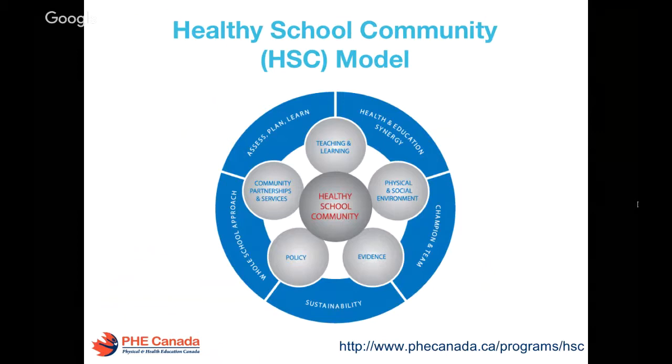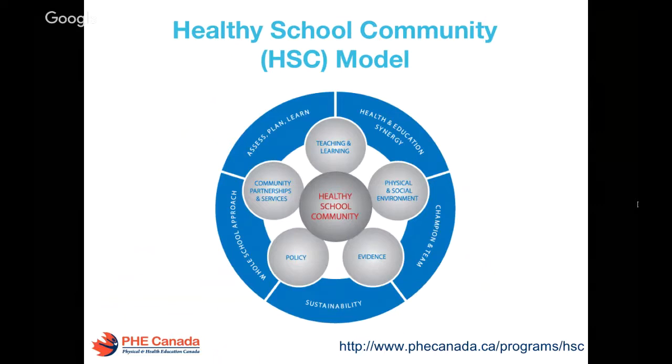So I put up a model for you to get a better sense of the characteristics of the model. In the outer circle, you'll see the essential principles of the healthy school communities model. And then you'll see in the inner circle, it mentions some of the core components being teaching and learning, their physical and social environment, evidence that's collected that basically demonstrates what sort of successes they see in the implementation of this model.